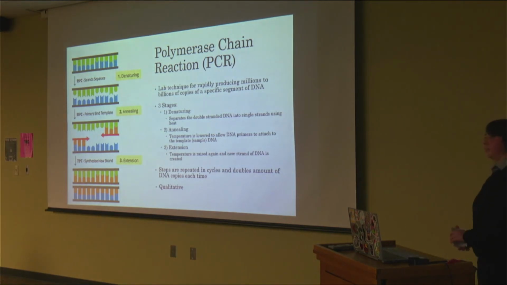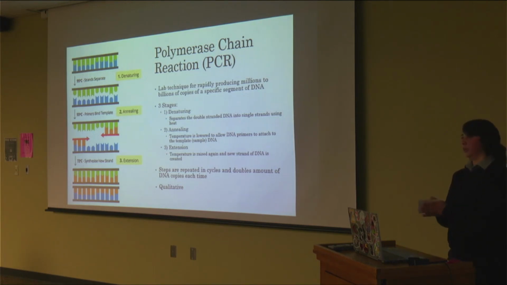So one of the lab techniques I used quite a bit was polymerase chain reaction, or PCR. This is a lab technique for rapidly producing millions to billions of copies of a specific segment of DNA. It happens in 3 stages. The first stage is the denaturing stage, where using high heat, we split our double-stranded DNA into single strands. And then in the annealing stage, we lower the heat and we allow our DNA primers to attach to our template DNA.